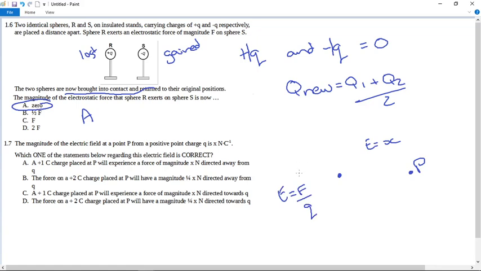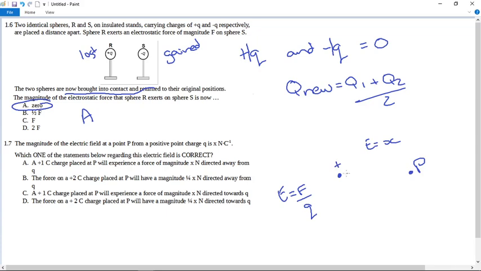Remember the field is the force per unit charge, and the direction of the field is which way a positive point charge will move. So it says to you the magnitude of the electrical field at point P from a positive point charge is this. So this is a positive point charge, okay?